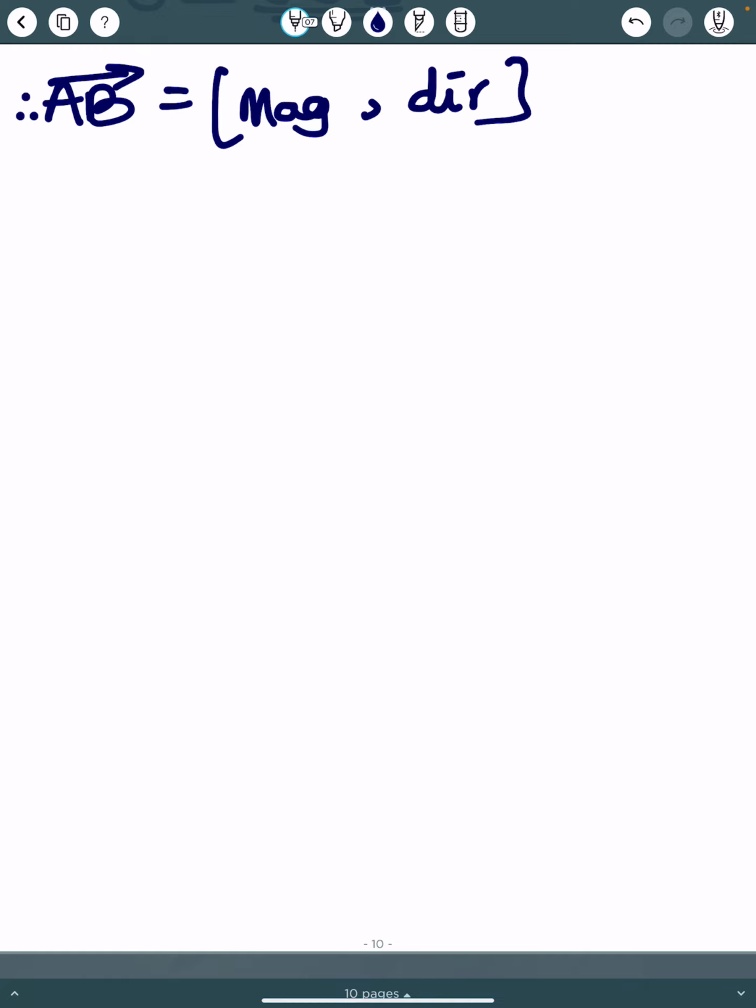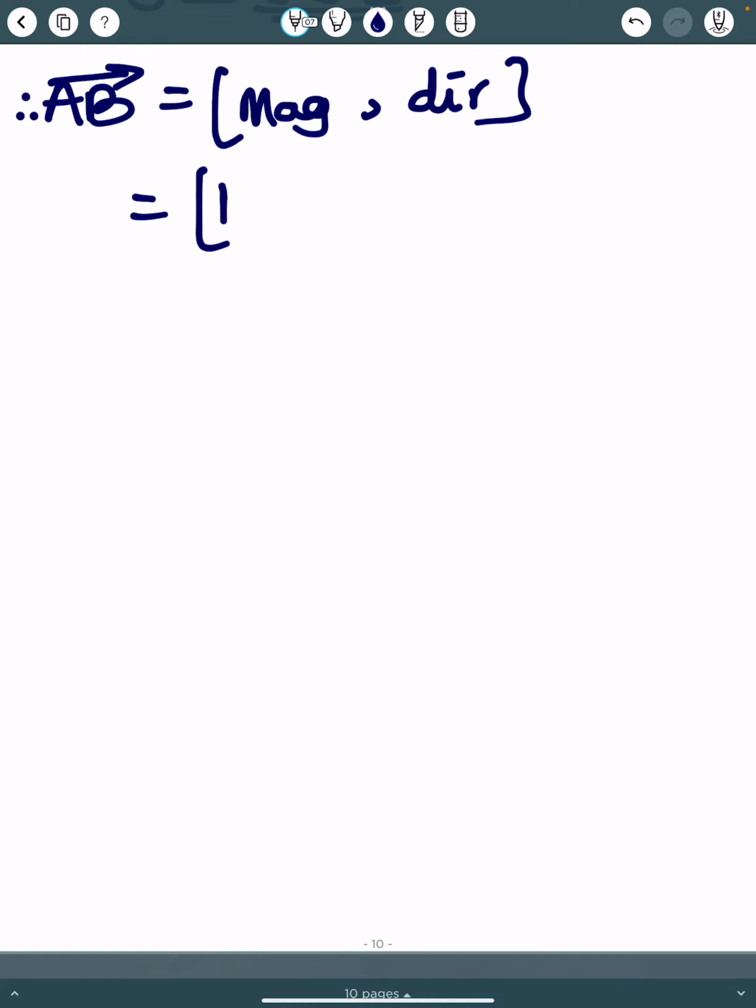So to express vector AB in polar form now, AB will be equal to magnitude and what? Direction.